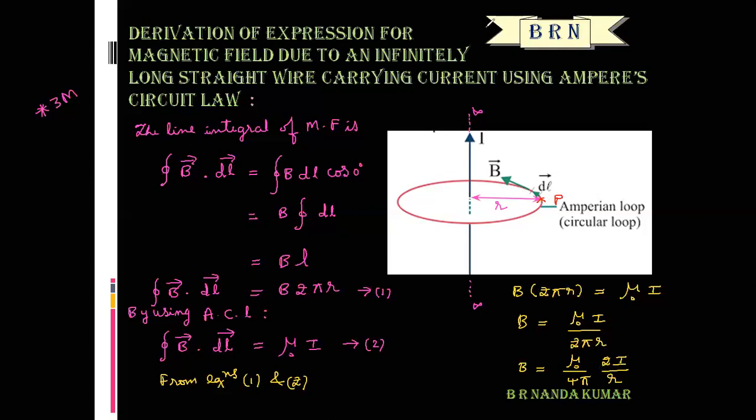This mathematical expression is very important. It is the expression for the magnetic field at a point due to an infinitely long straight wire carrying current.